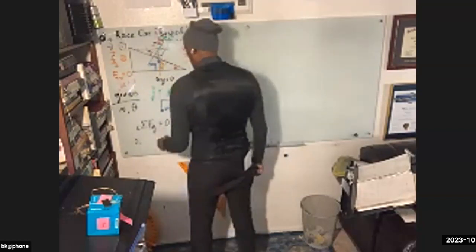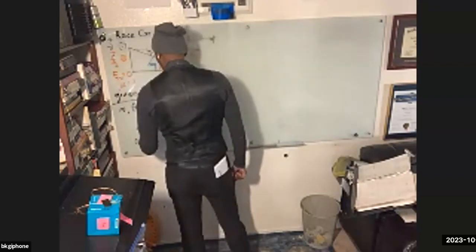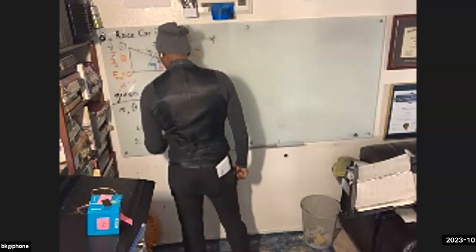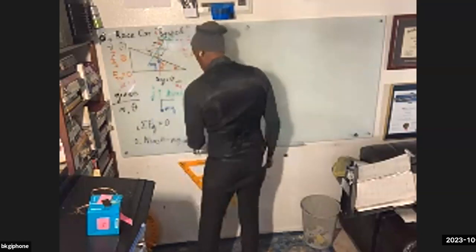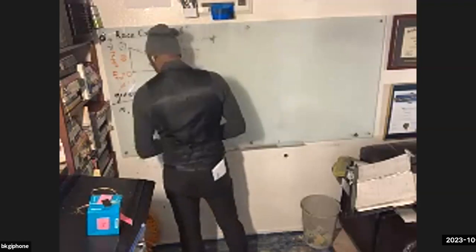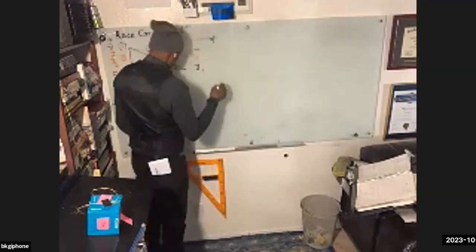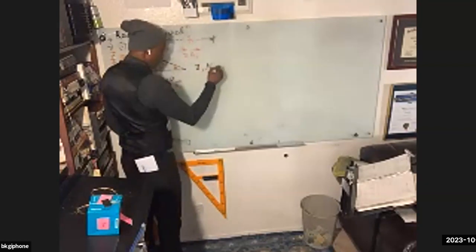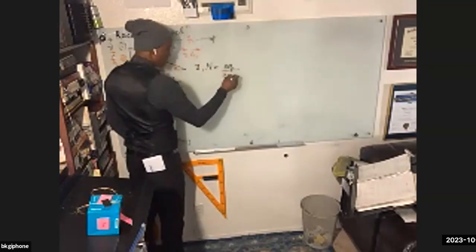So N cosine theta up minus mg equals 0, so that N equals mg over cos theta.